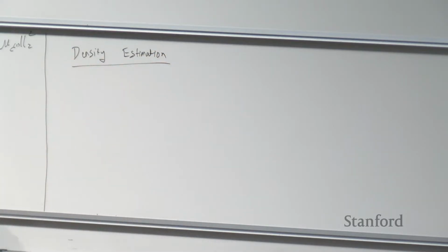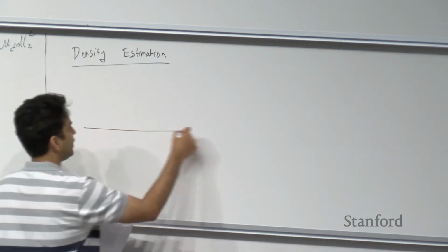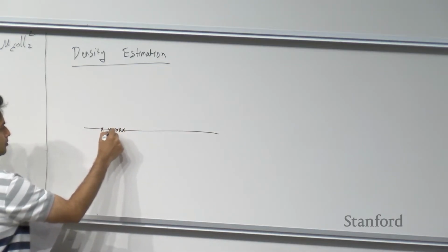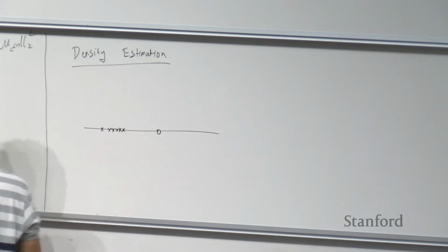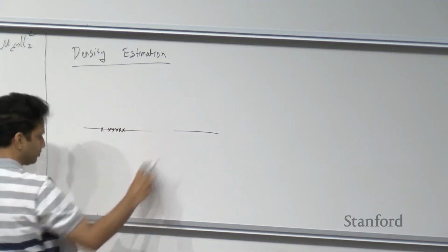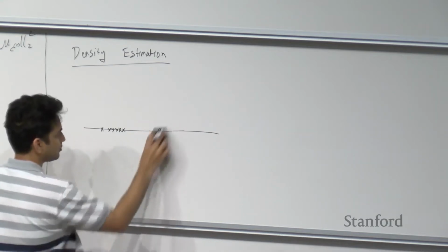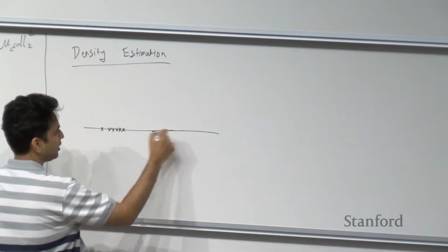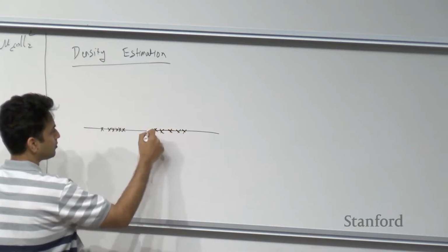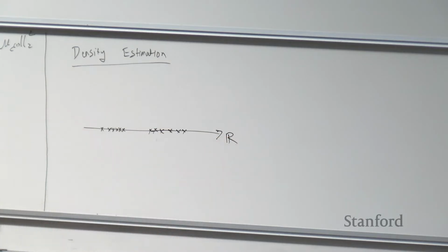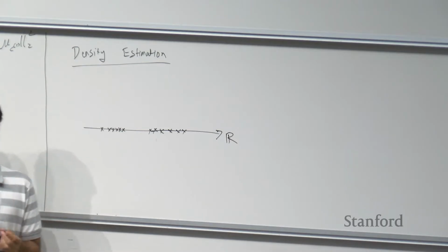So density estimation generally refers to the problem where we are given some number of data points, and this is in R, think of it as the x-axis, and these points are residing in a continuous space, right?